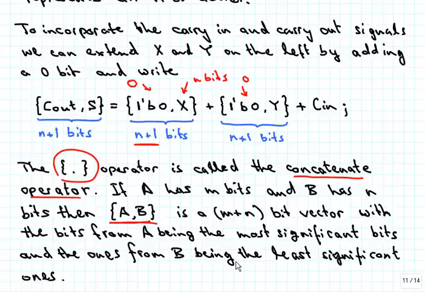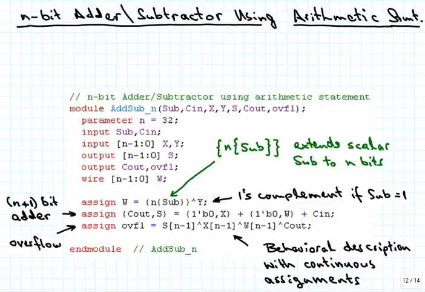So now we're getting to the code for an n-bit adder subtractor that uses just arithmetic statements. You can see this is the whole description here, and it is actually considerably simpler than what we have been doing before. We have again the module keyword, addsub_n is the name of the module, and then the subtract control as an input, the carry in as an input, x, y, and s as n-bit quantities, and then Cout and overflow as 1-bit outputs.